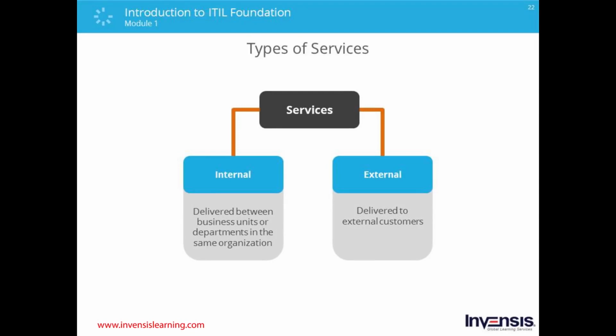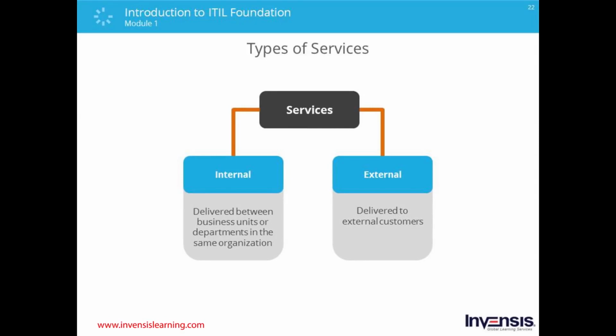If I'm delivering to an external party outside the company, it's an external service. Now you will also hear later on something known as internal customer and external customer, which is easy. Within the company, internal customer. Outside the company, external customer. But internal service and external service is also coming up.